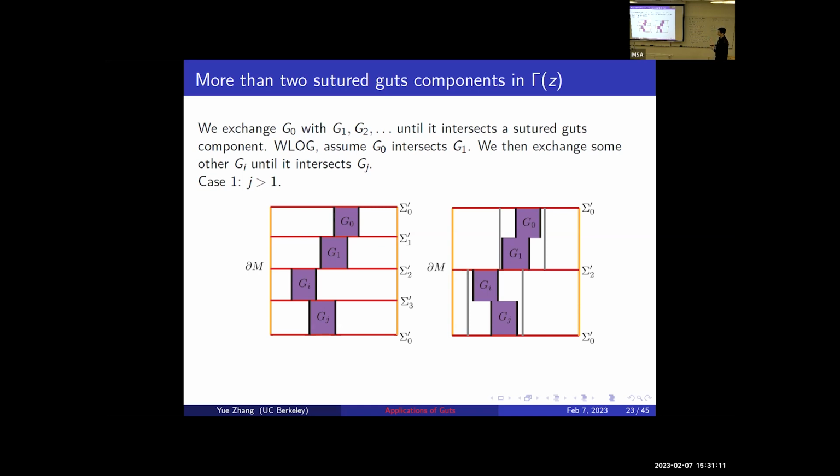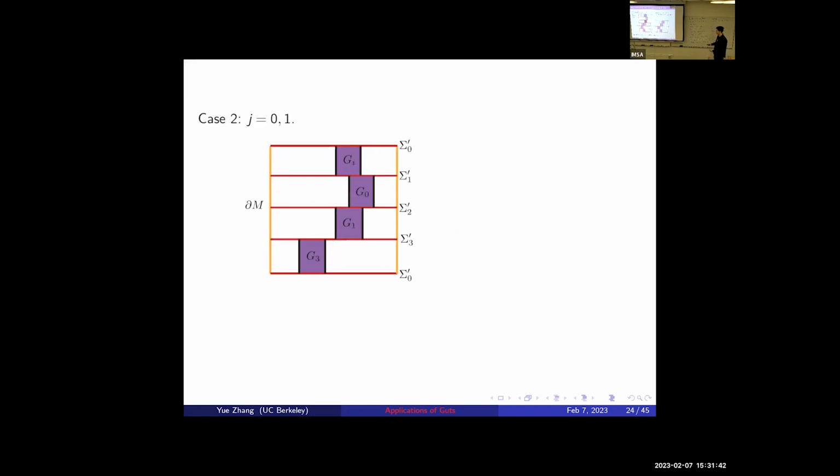And GI and GJ will together form another complex guts. And you can do a further decomposition from the suture guts to a pair guts, which does not change the Euler characteristic. And by the theorem that I just mentioned, the volume of these pair guts will be at least V8, and the volume of these pair guts will be at least V8. So together they will be at least 2 V8, which is greater than 1.5 V8. So we proved this case.